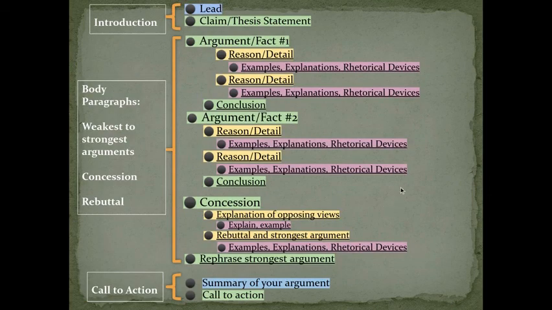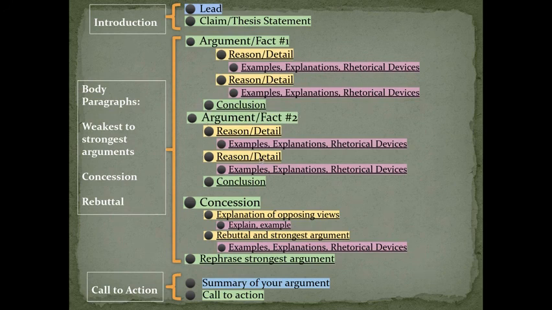Okay. This is an overview of an outline for a persuasive essay. Your introduction here has your lead and your claim. Your body paragraphs here, argument number 1 with details and reasons to support and explanation, examples, and rhetorical devices, and a conclusion.